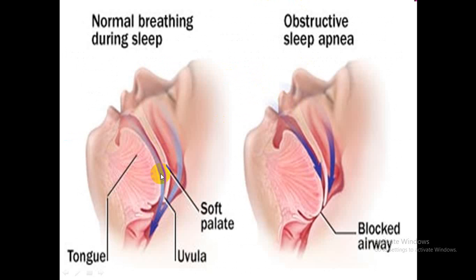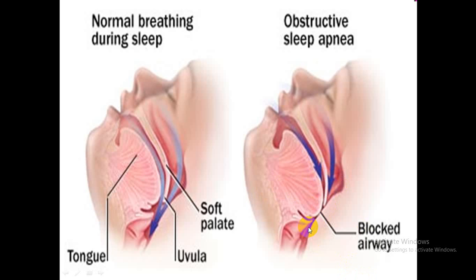In case of hypertrophy of the muscle of the nasopharynx, or there is lipid accumulation, or mandible malformation, or any narrowing of the nasopharynx, weakness of the muscle during sleep causes closure of the airway during sleep.